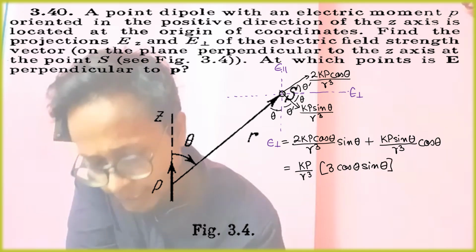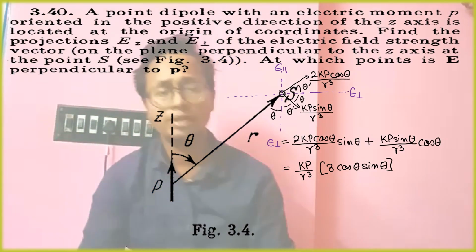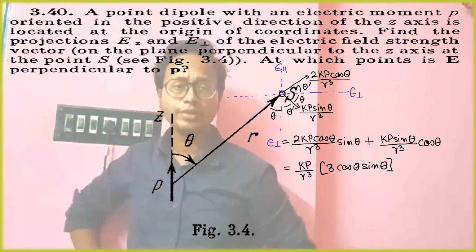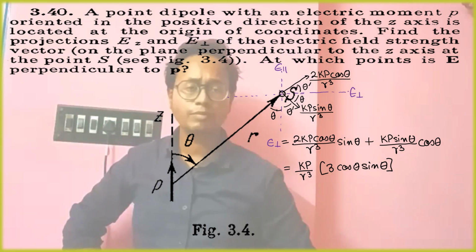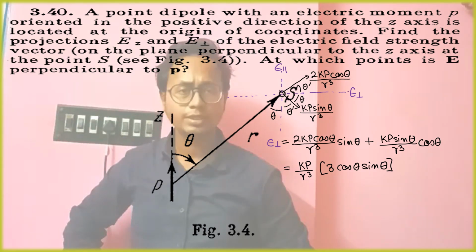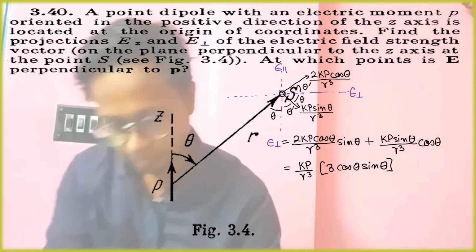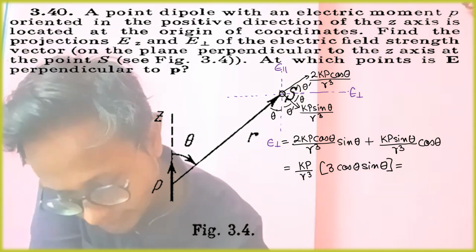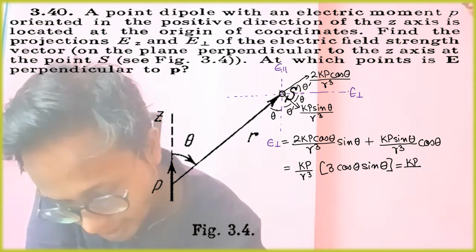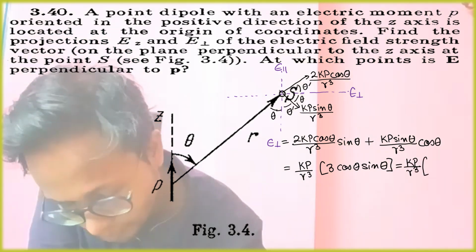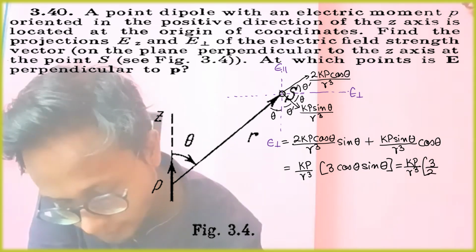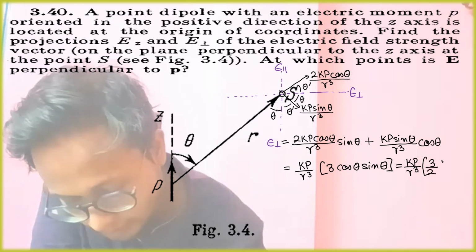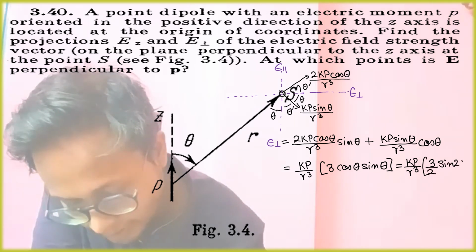Now you can either leave the answer as this, or, since sin theta cos theta is nothing but sin 2 theta divided by 2, this can be written as kp by r cube into 3 by 2 sin 2 theta.